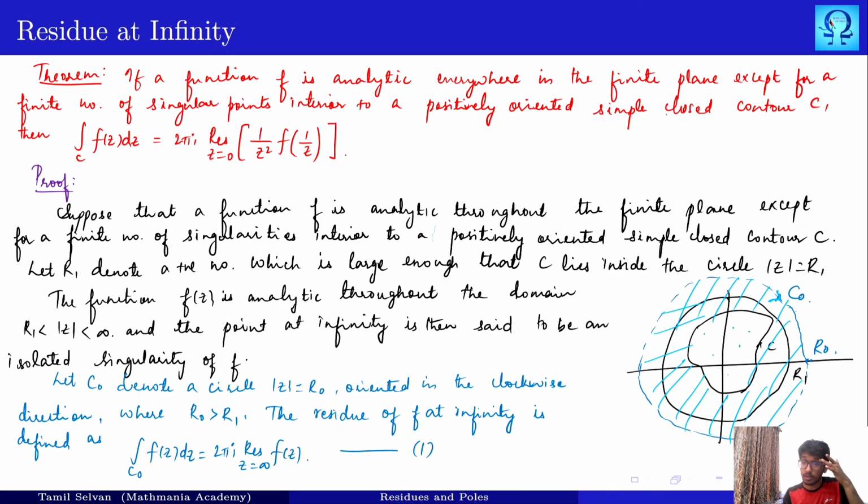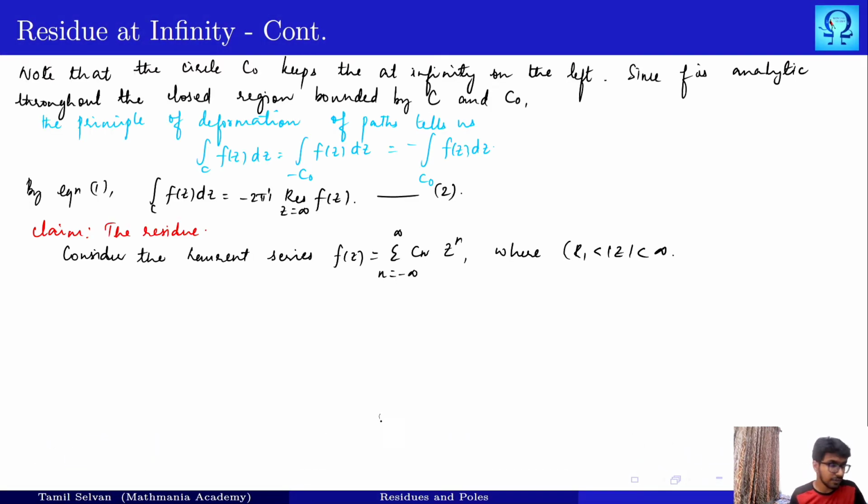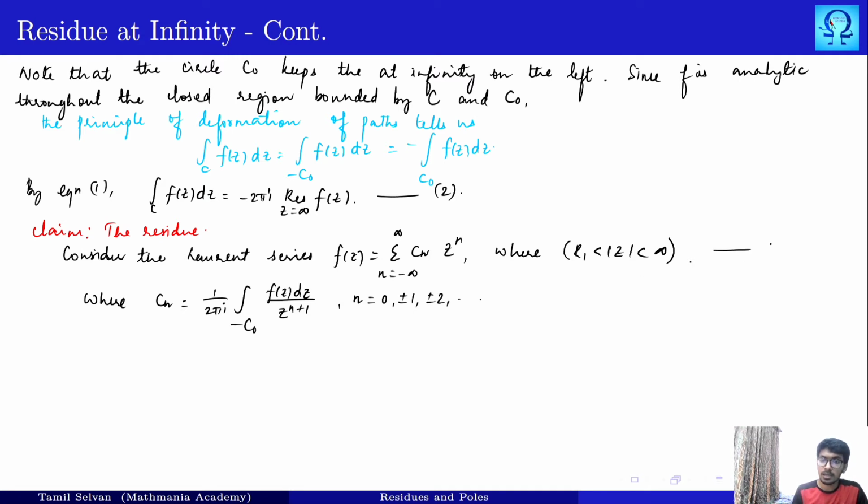So about the point 0 we are talking now, where Cn is 1 upon 2 pi I integral over minus C naught f of z dz upon z to the power n plus 1, with n running over 0, plus or minus 1, plus or minus 2, etc. We mark this as equation 3 and this as equation 4.